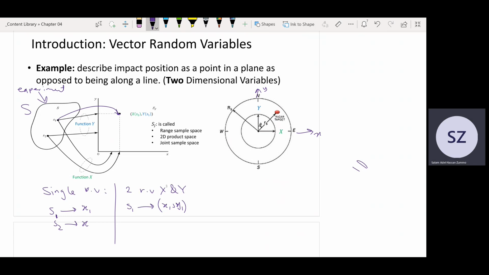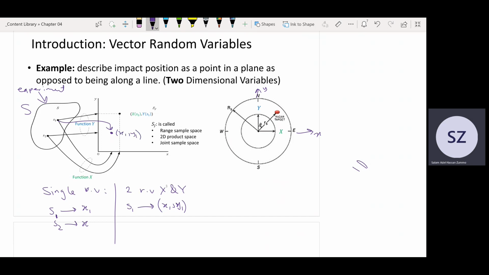S1 here is mapped into this point, which is X1 and Y1.